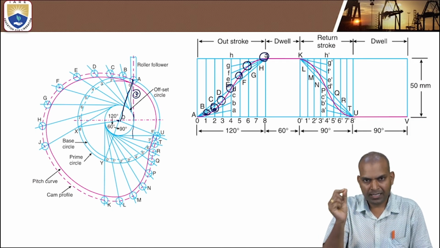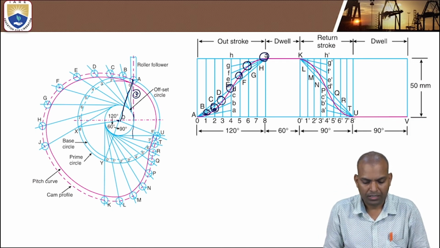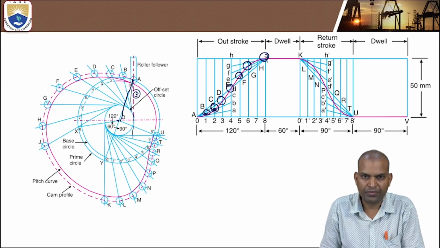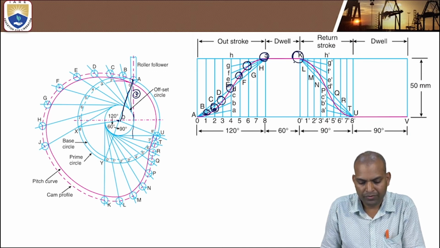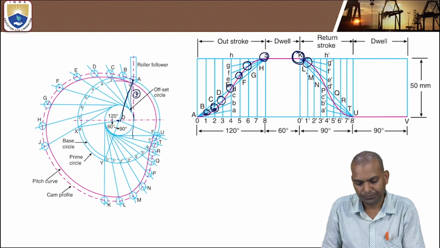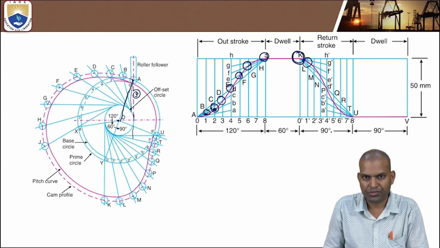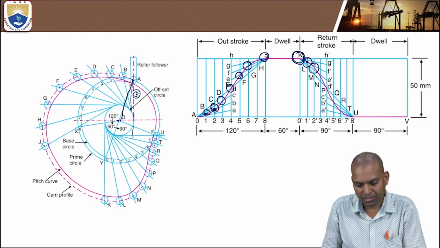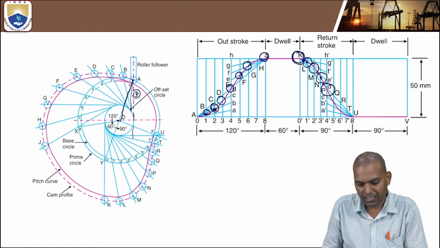For 120 degree rotation of the cam, the follower is lifted 50 millimeters. Next is dwell, then 90 degrees of rotation, again 8 parts. These markings indicate the positions of the rollers.